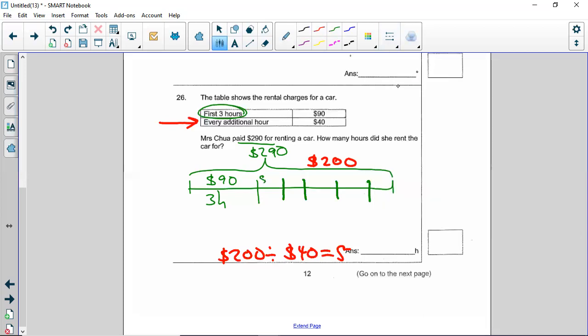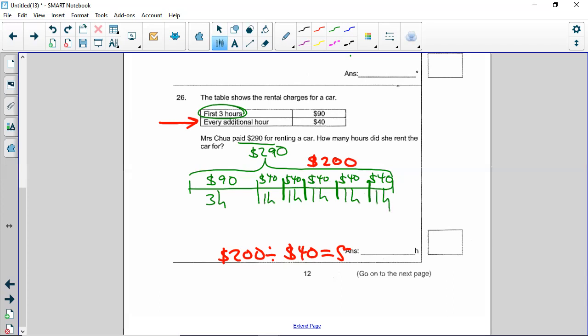Every group is 40. If you don't know how to do it, then you cut like this, because there are not many parts to cut. You can do this one by one, cutting one part at a time if you are not very sure. And how long is $40? Then you put 1 hour. So all your working is inside the line.